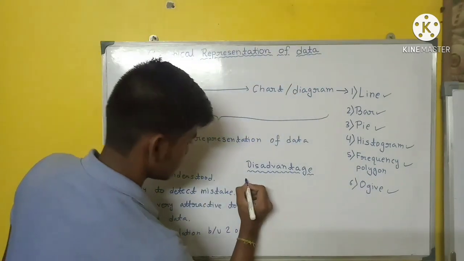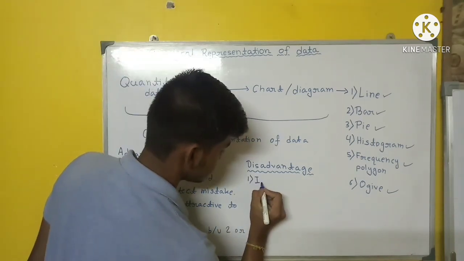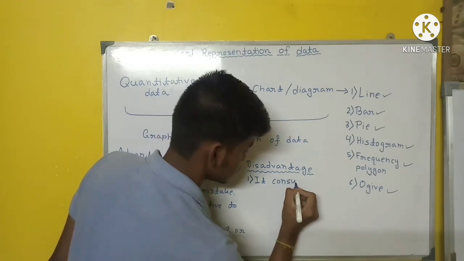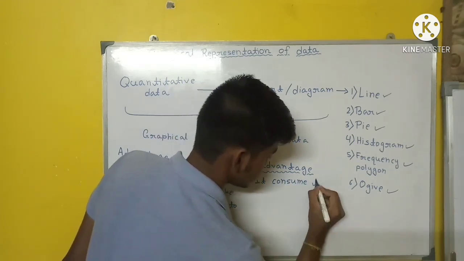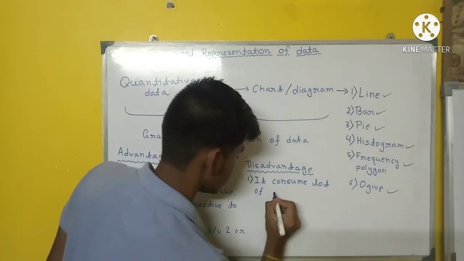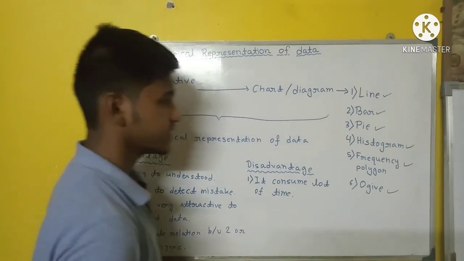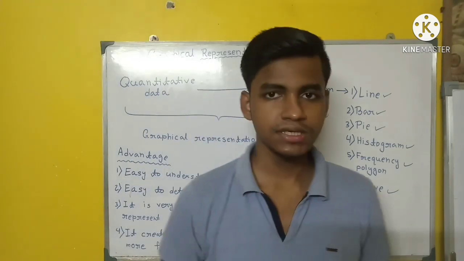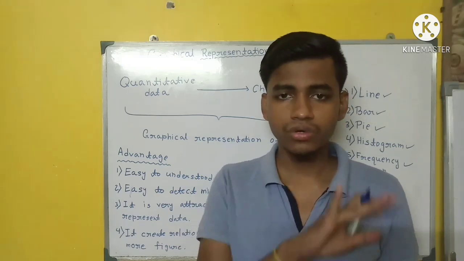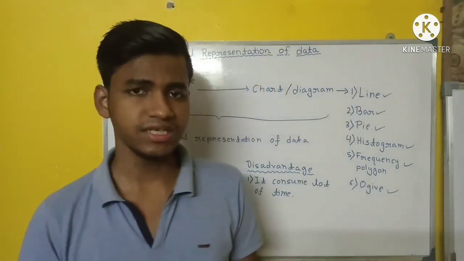So the first disadvantage is, it consumes a lot of time. And the second disadvantage is, it does not interpret the whole figure, the whole details, the whole fact about the thing.